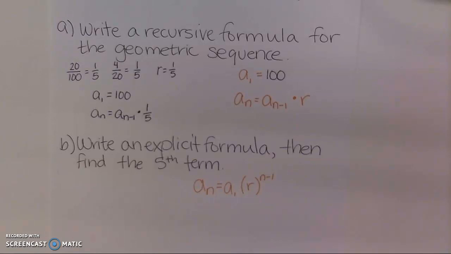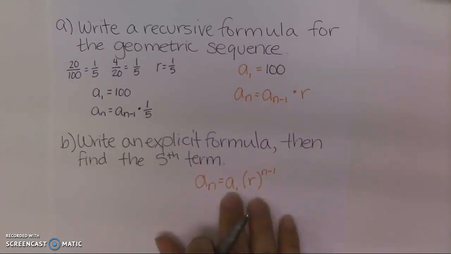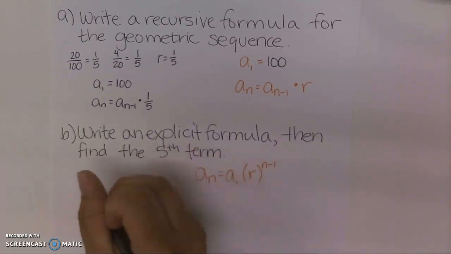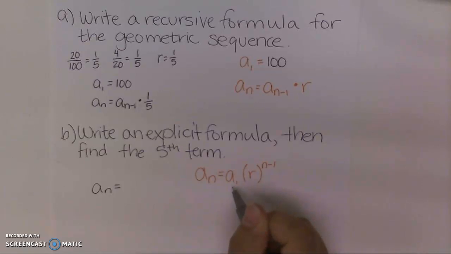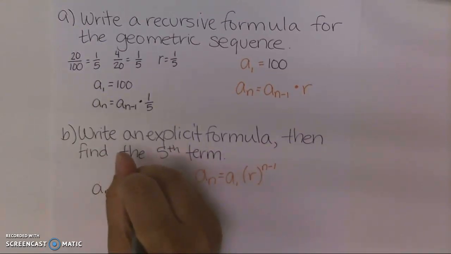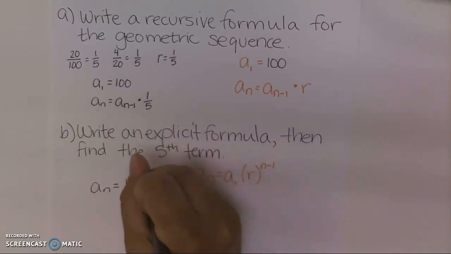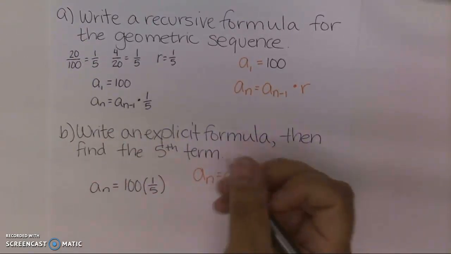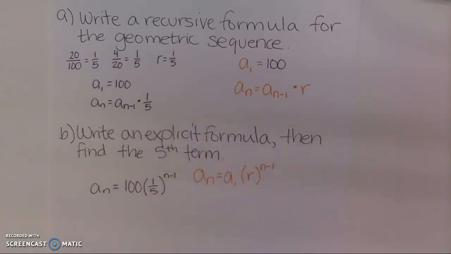It's the same parts as the recursive formula, but it's just stuck all together in one formula. So this would be a sub n equals, our a sub 1 was our first term, which was 100, our r is that 1/5 that we've used before, and then to the n minus 1. So that is our explicit formula for this geometric sequence.